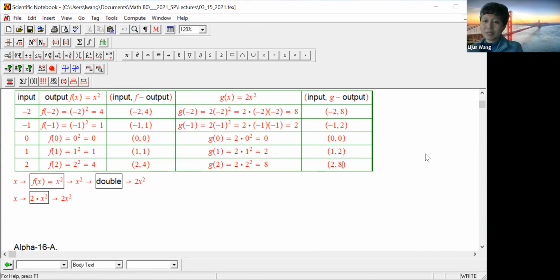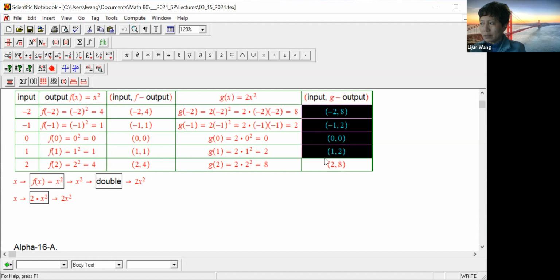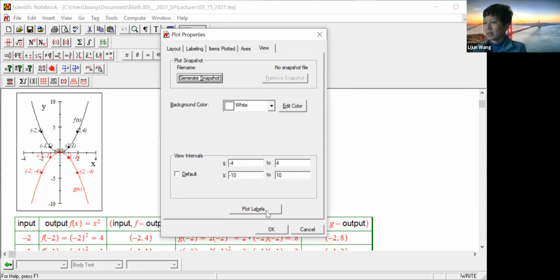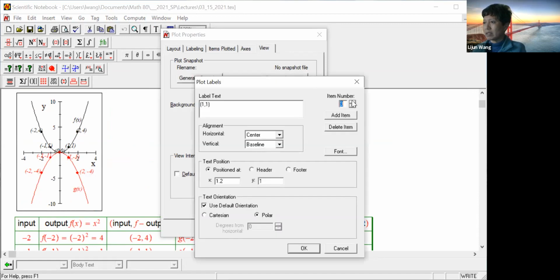Well, we have some repetitive names, I hope this doesn't confuse you. And we're going to plot these points. As a matter of fact, I'm going to make a little adjustment here. The F and G, I'm going to use slightly different names.